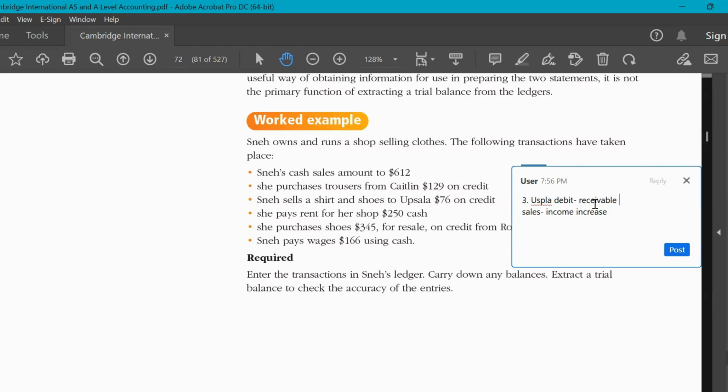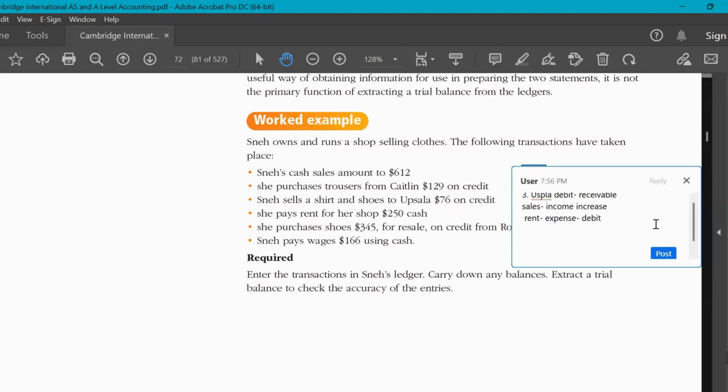Next, number four. She pays rent for her shop, 250 cash. So what has she paid? Her rent, and her rent is an expense. And if the expense increases, then it will be on the debit side.